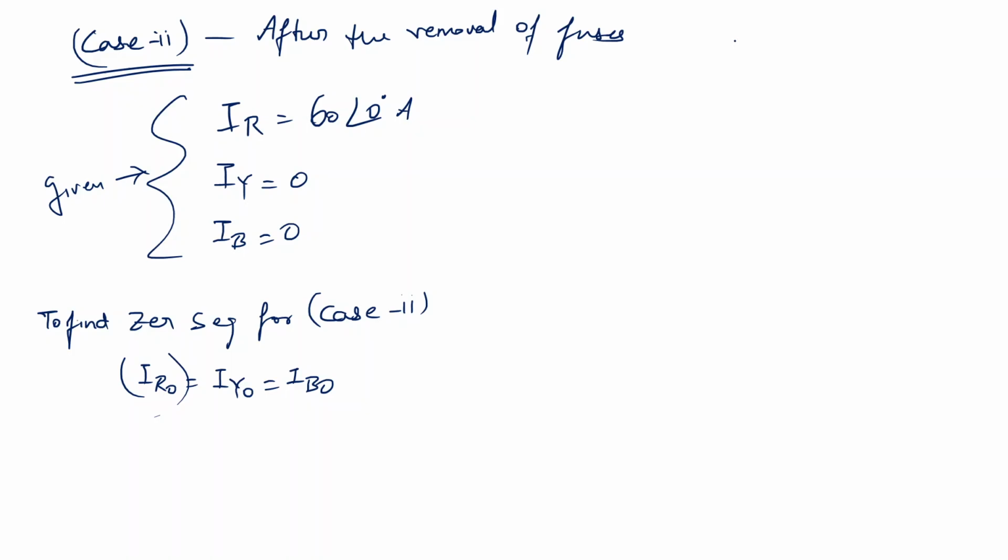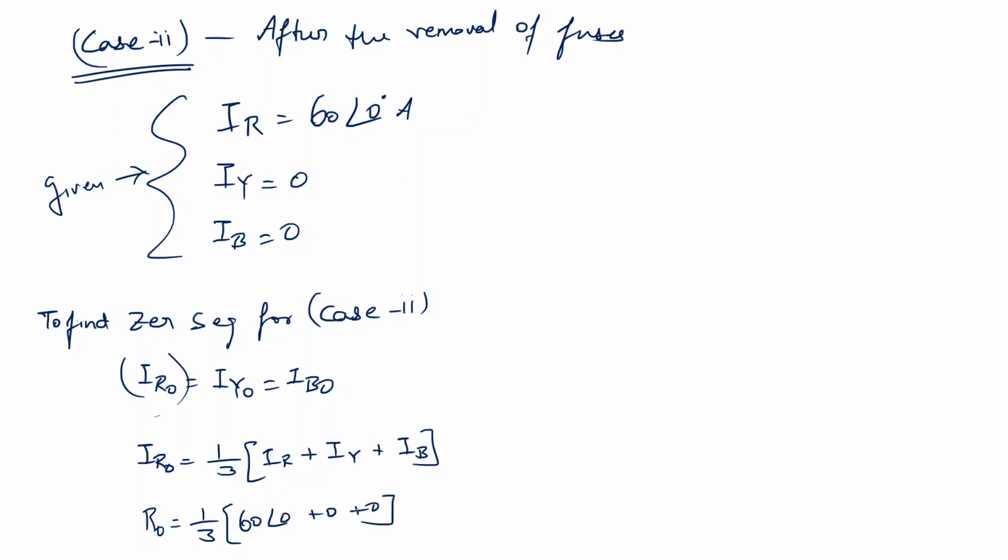I will not write the matrix; I hope you have written it in your notes, so you can directly tell me the formula. What is the formula for IR0? IR0 is equal to 1/3 of IR plus IY plus IB. So IR0 is equal to 1/3 of 60 angle 0 plus 0 plus 0.